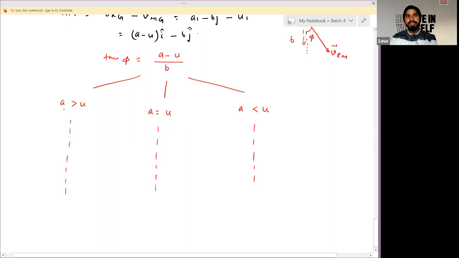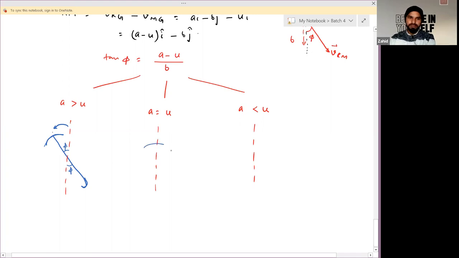In first part, if a is greater than u, this phi will be positive. It means umbrella should be held along this direction. So inclination must be towards west at some phi, like this. In the second part, if a equals u, it means phi will be 0.